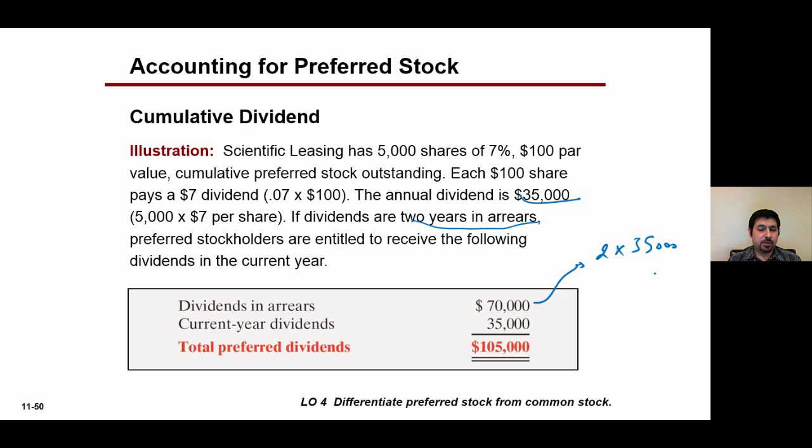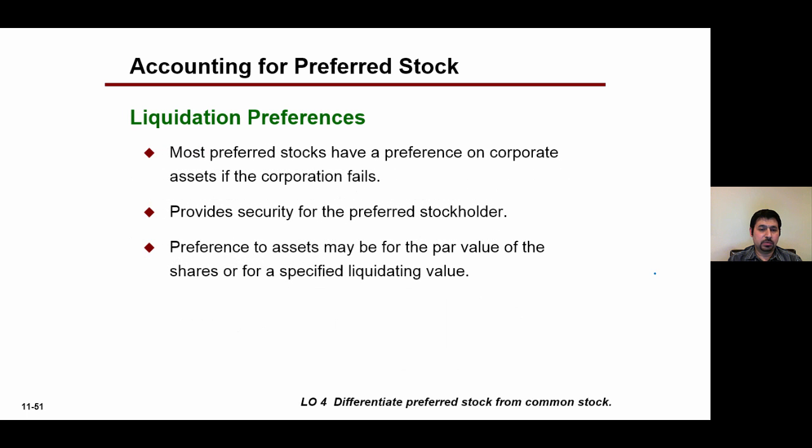In this case, if the company has declared dividends, preferred stockholders will have the right to get 105,000 before anything is paid to common stockholders. And this is what we mentioned when we talked about preferred stocks: they have a stronger claim.